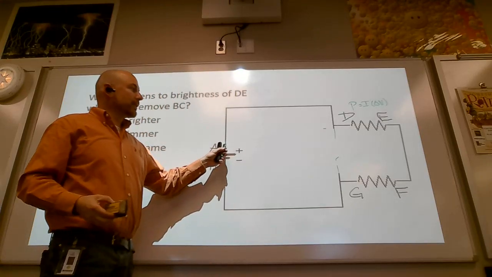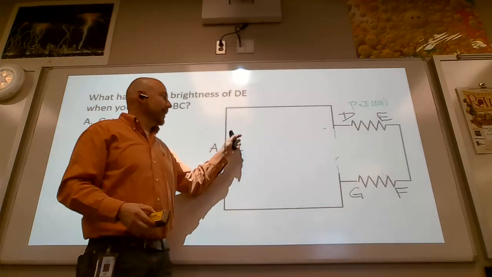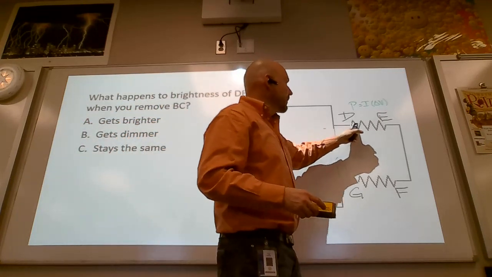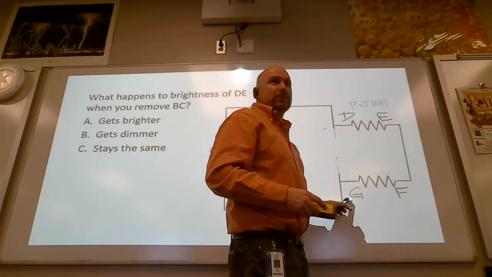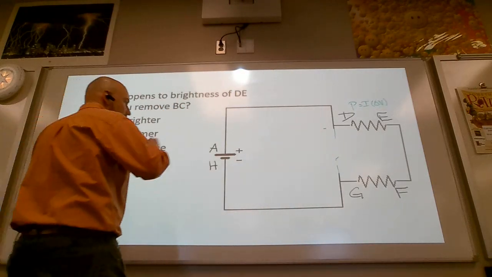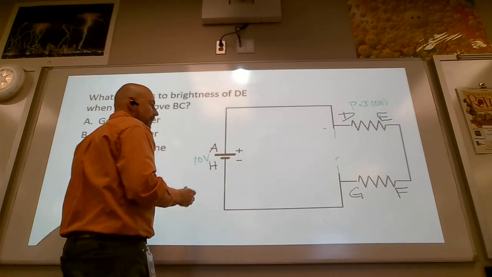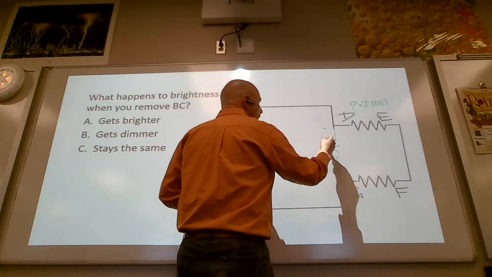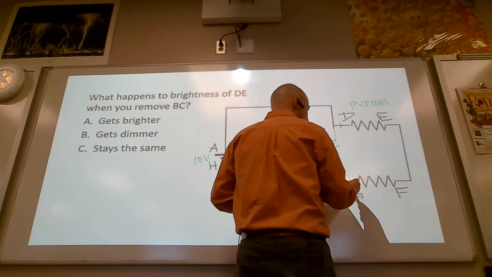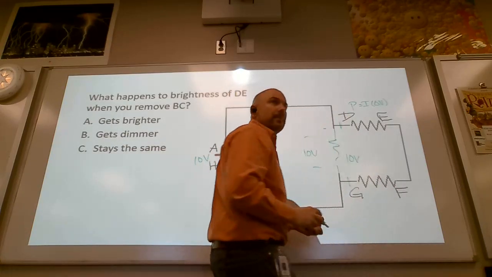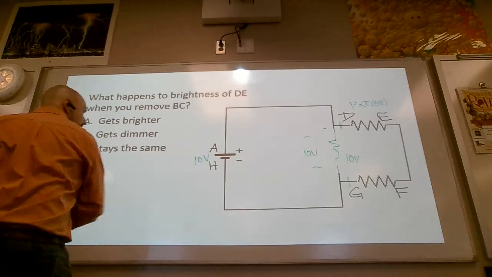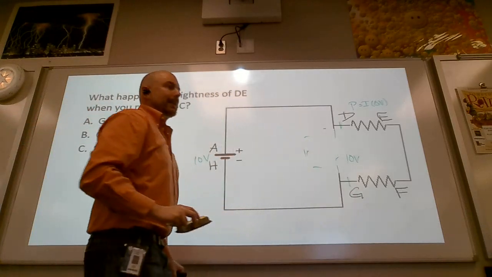There'll be less current coming out of the battery, true. But the current delivered to this will not change. Let's make numbers up. 10 volts across here, there'll be 10 volts across here, and 10 volts from here to here, regardless if this exists or not.